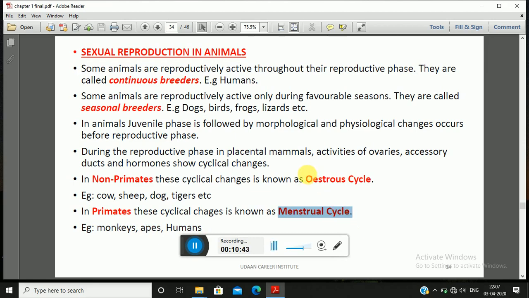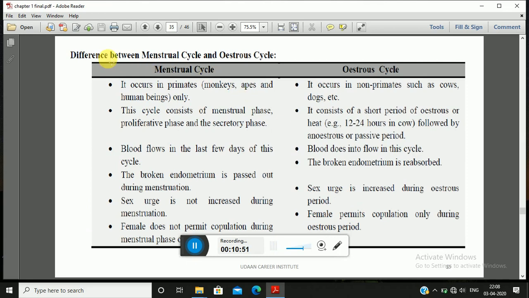For the time being, we will try to differentiate the oestrus cycle and the menstrual cycle. If we want to find the differences between the menstrual cycle and the oestrus cycle, which take place in two different kinds of animals, we can note down some points as given here.